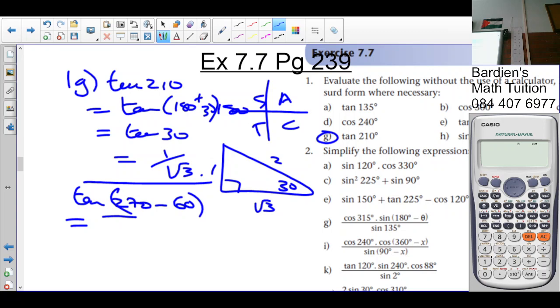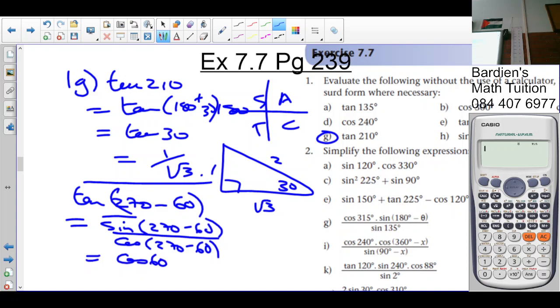So in other words, it's going to be sine of 270 minus 60 over cos of 270 minus 60, which gives you cos 60 over sine 60, in the third quadrant negative.